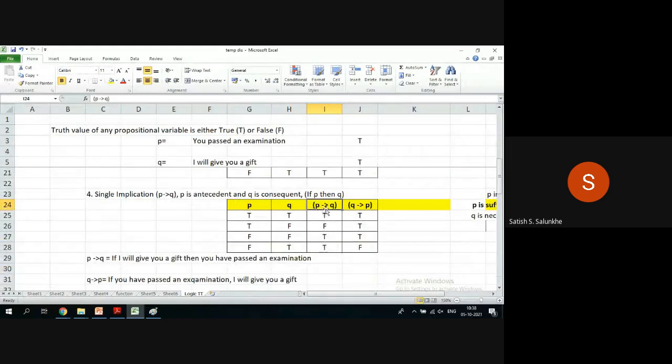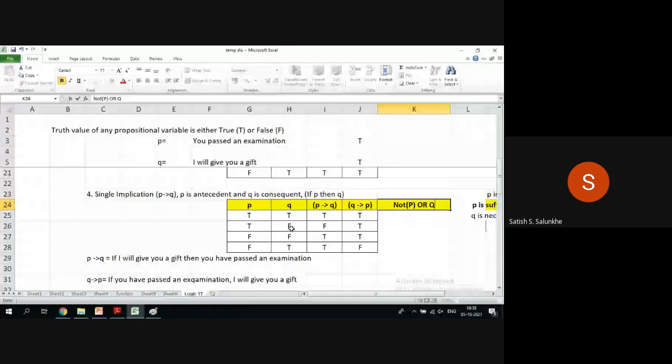If you want to convert it into some other primitive operation, P implies Q is equivalent to not of P or Q. I think you have also learned this in your digital logic design. So not of P or Q.